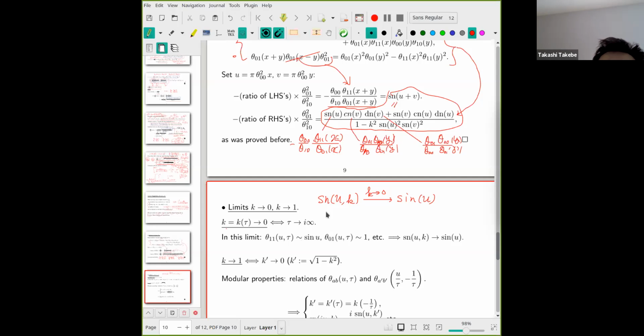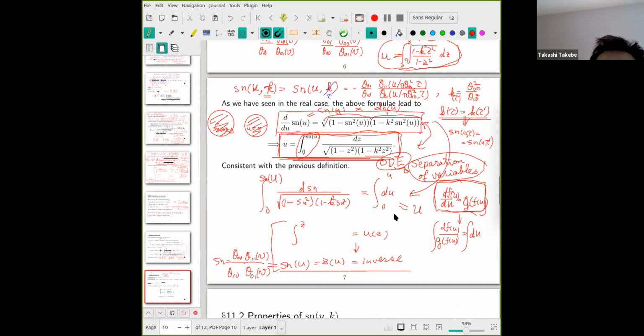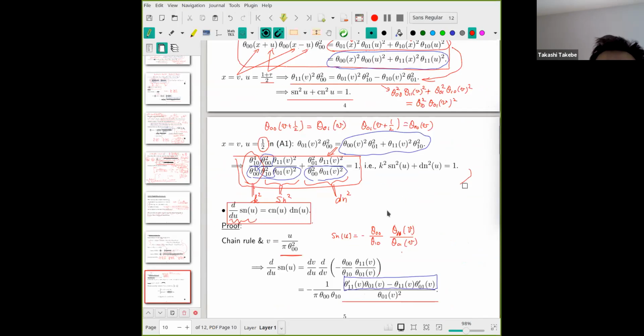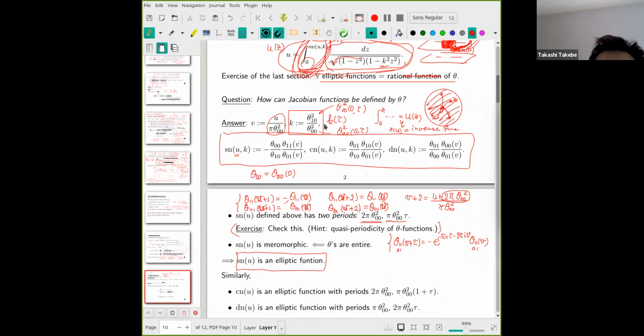Since we defined Sn by theta 1 (u, v, tau) over theta 0 1, essentially like this, and the k is theta 1 0 over 0.